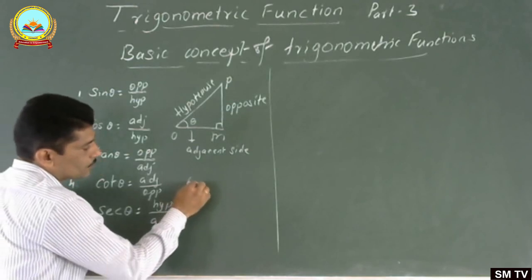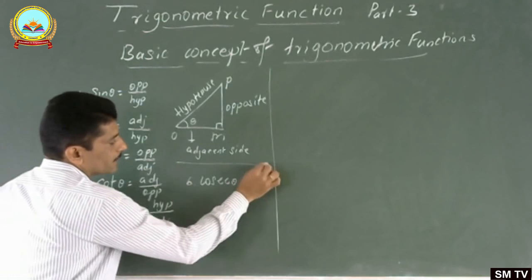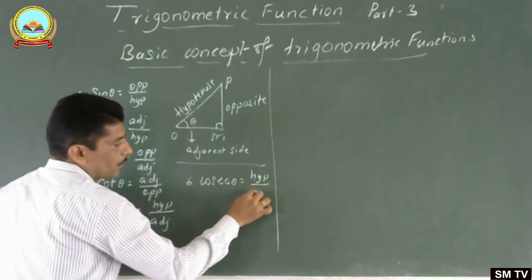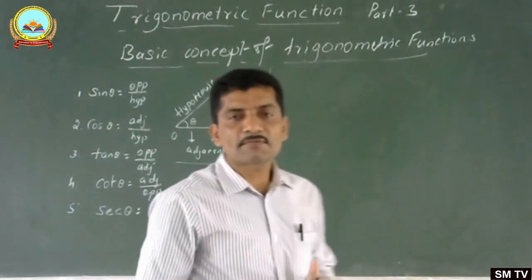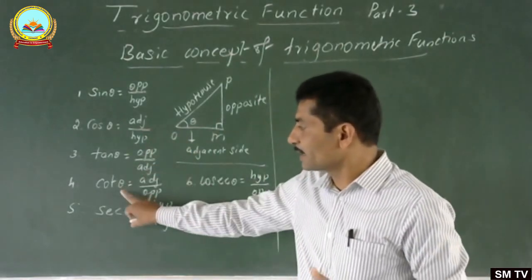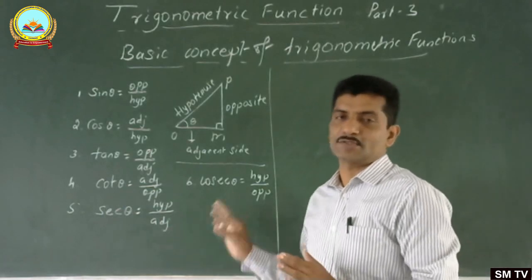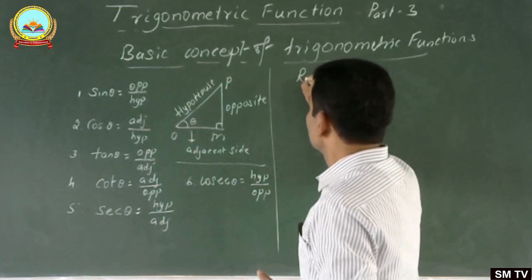And the sixth ratio is cosecant of an angle theta, cosec theta. The definition is hypotenuse side divided by opposite side. These are the definitions of 6 trigonometric ratios: sin theta, cos theta, tan theta, cot theta, secant theta and cosecant theta. Next, you know the relations.